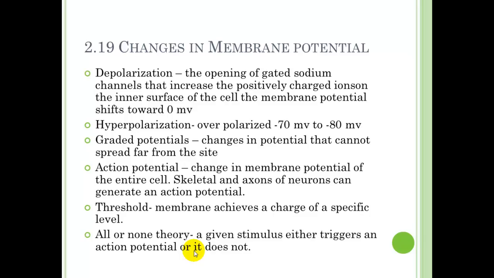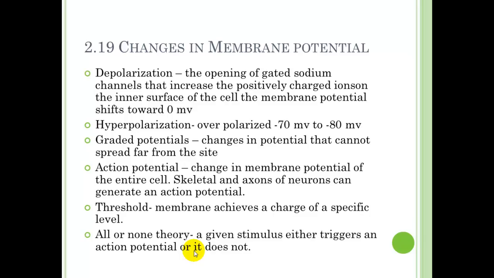Whenever you're at a resting membrane potential, it's towards the negative side. So the closer to zero it gets, the more the cell receives a charge. As this becomes a positive millivolt, the action potential kind of takes on a life of its own and will initiate itself.